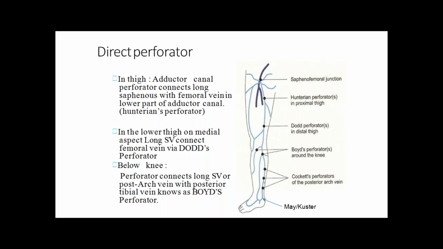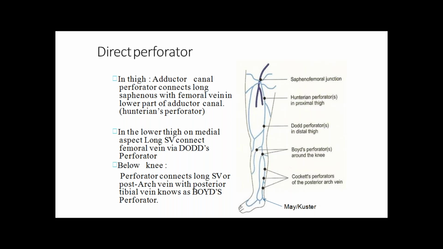In the adductor canal, the perforator connects the long saphenous vein with the femoral vein in the lower part of the adductor canal, called the Hunterian perforator. That is in the proximal one third of the thigh. In the lower third and medial aspect, the long saphenous vein connects to the femoral vein via the Dodd's perforator, just above the knee joint.